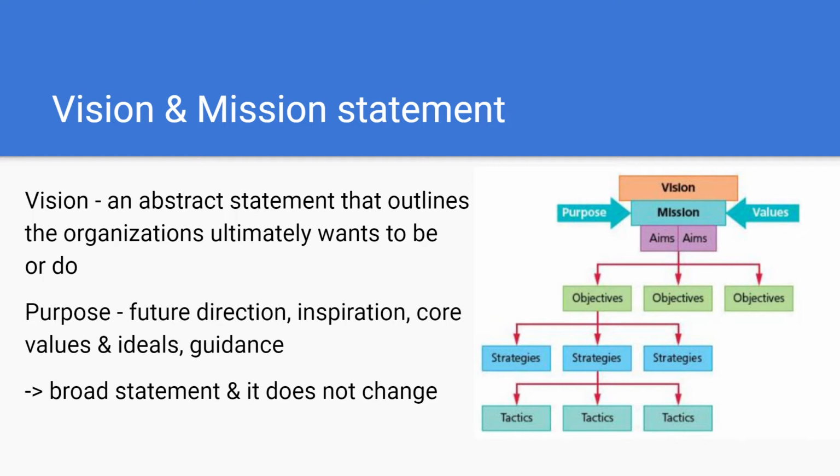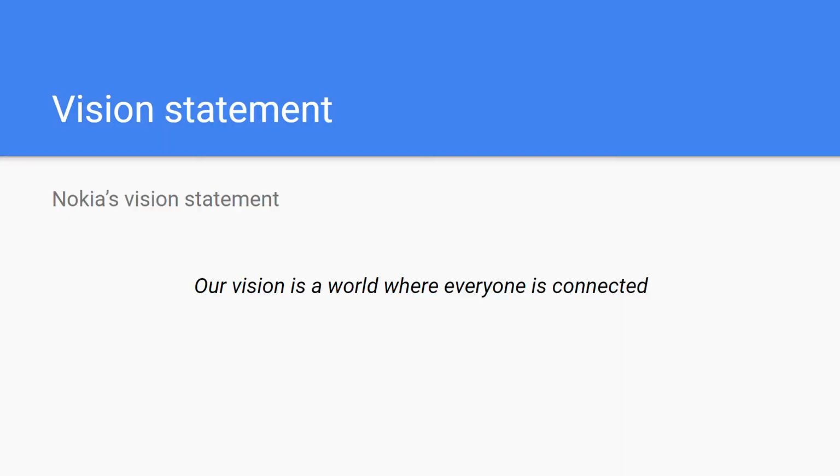Another important thing to remember about the vision statement is that it's a broad statement and it does not usually change with time. While all the other statements may change with time, the vision statement usually does not. Here's an example of a vision statement. I'll use Nokia's vision statement, which is: our vision is a world where everyone is connected.